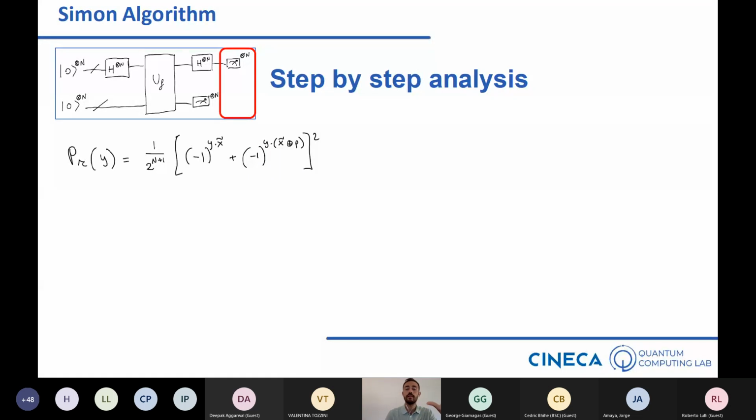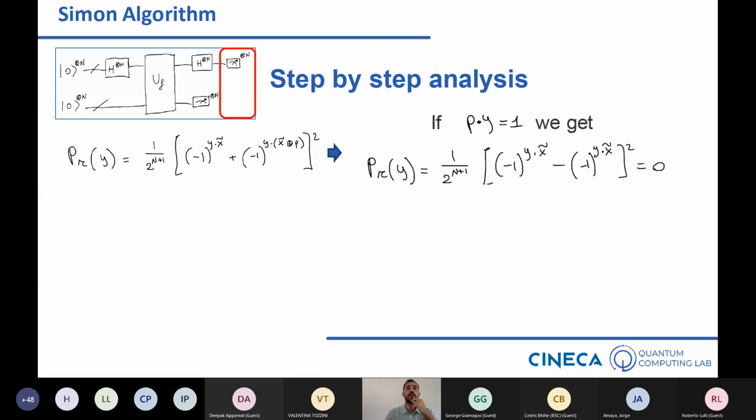So this is our probability. Notice that if p times y, so this multiplication here, is 1, what do we get? We get that this term here becomes equal to y times x.